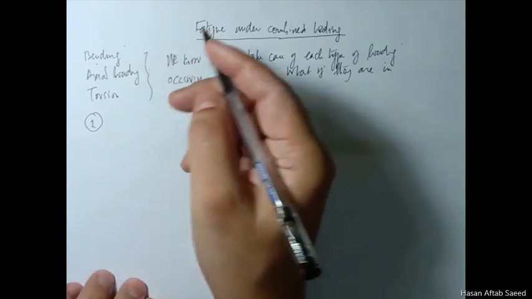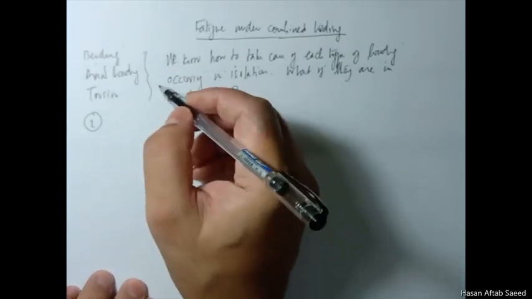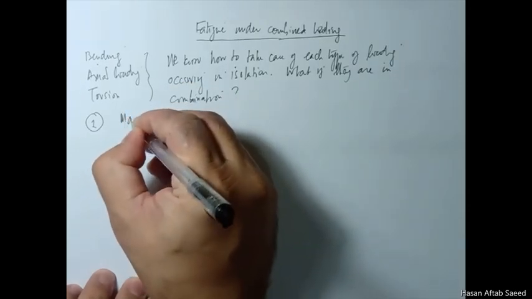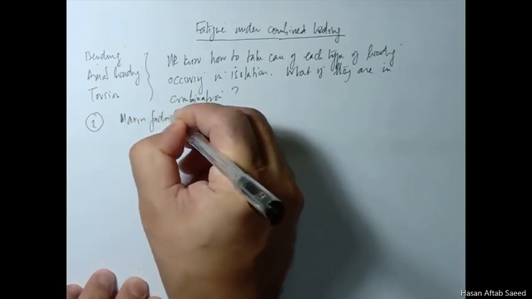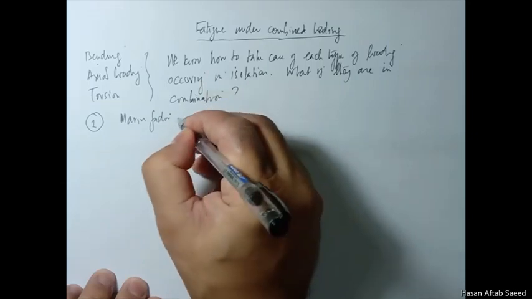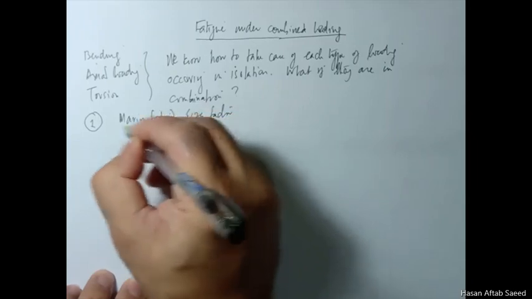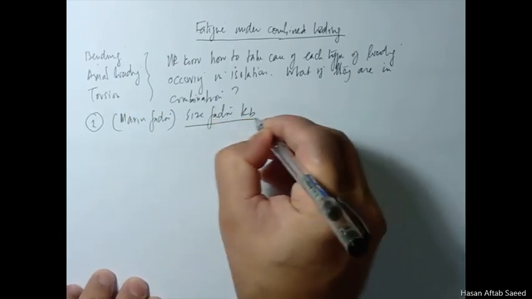The first of the problems is the marine factor KB, size factor KB.